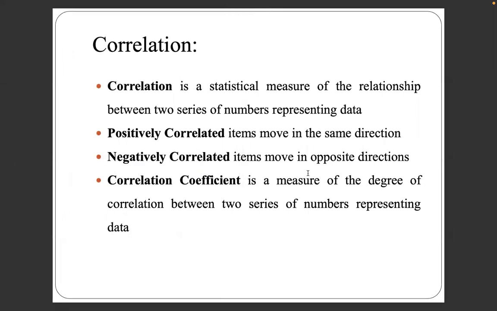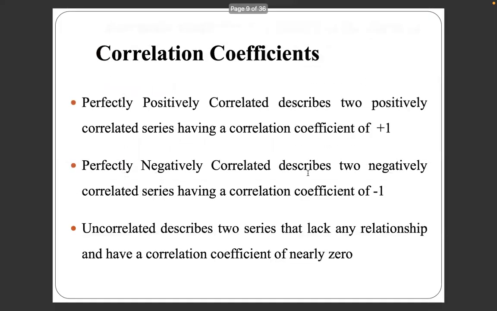Correlation says how strong the relationship is, right? The value depends on the range of 0 to 1. So it says how strong the relationship is, and it also gives the direction. Positively correlated items move in the same direction, negatively correlated items move in the opposite direction, and the correlation coefficient measures the degree of correlation between series of numbers representing data.